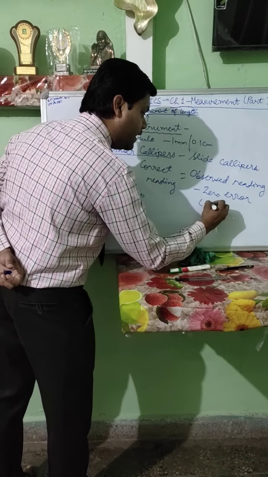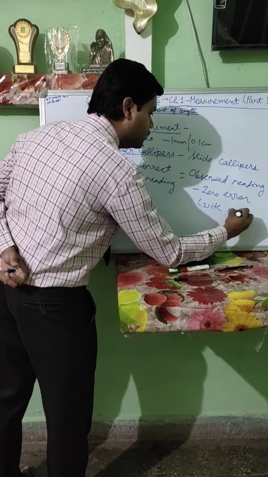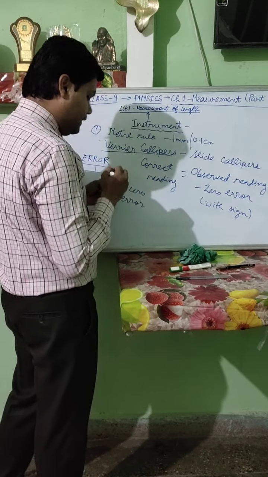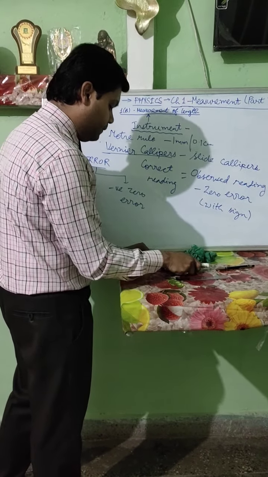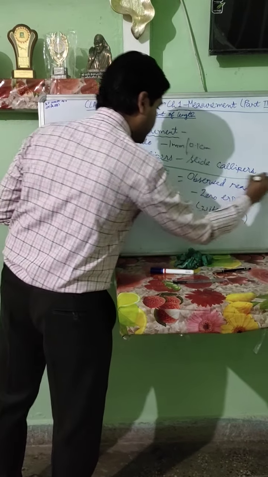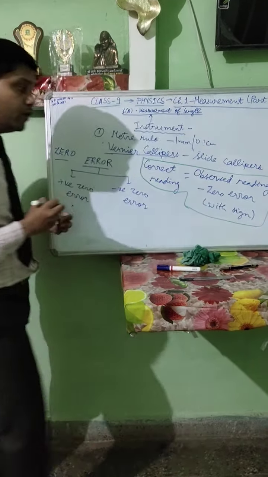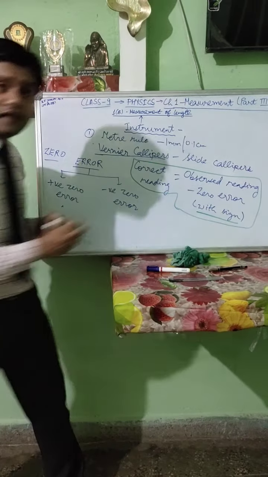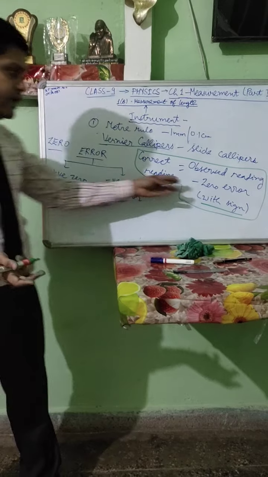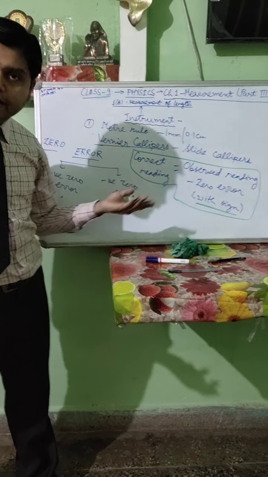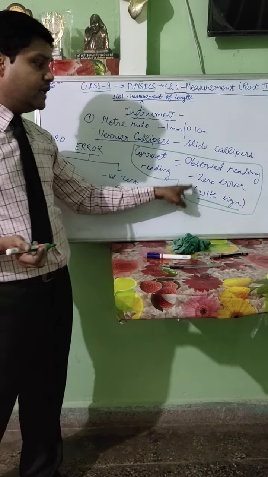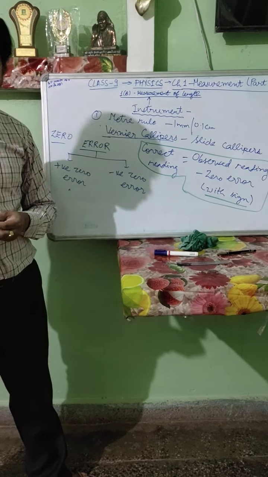Whenever there is zero error, it will always be used with sign. So the formula is correct reading equals observed reading minus zero error with sign. If it is positive zero error, then no problem, it stays negative. But if it is negative zero error, then negative and negative will become positive.